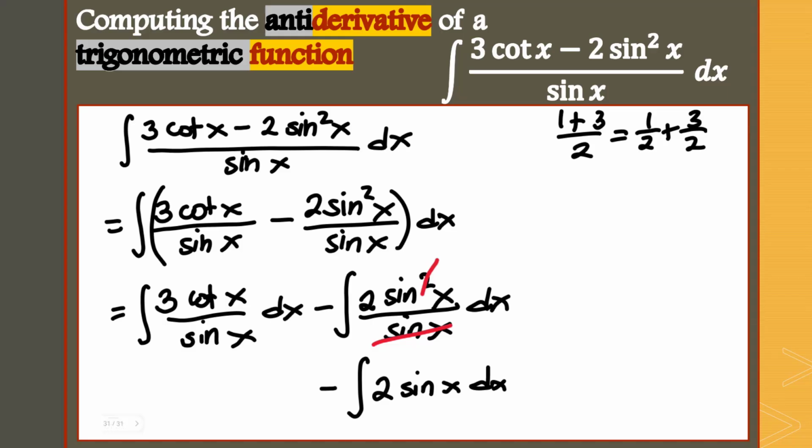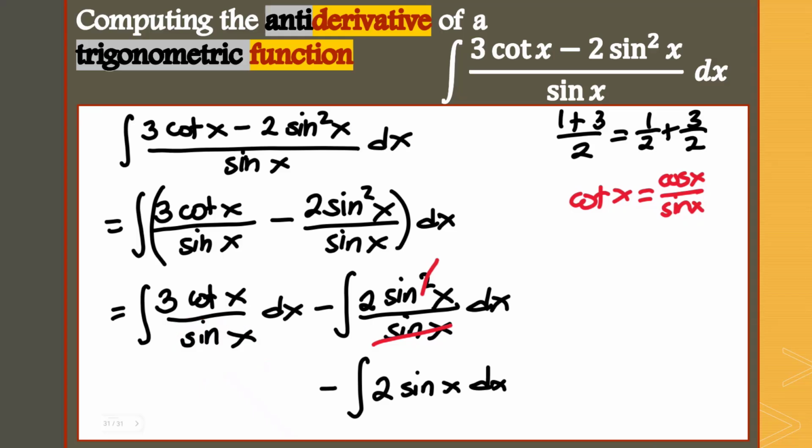When we're looking at the first term, we know that cotangent x is equal to the ratio, from our previous trigonometric lessons, of cosine x over sine x. But since the denominator here is sine x, there's no way for us to multiply and cancel sine x.